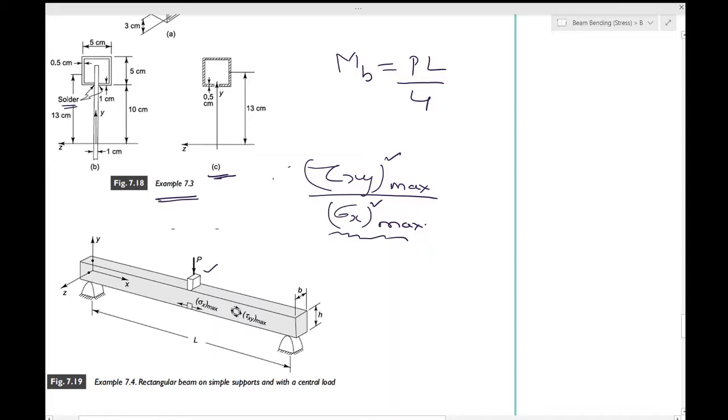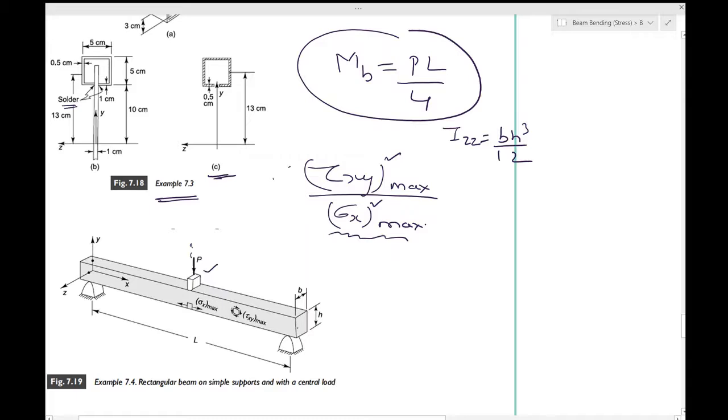This happens at the mid span, somewhere over here. You have to look up the formula of M_b and see why it acts maximum over here and what its value is. Izz is clearly known for a beam like this, that is b h cubed by 12.